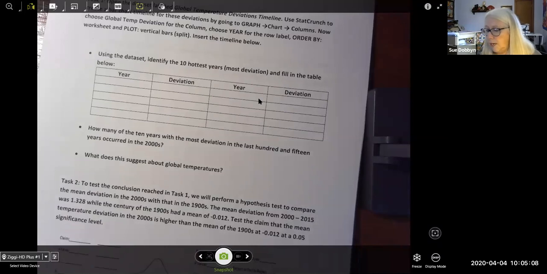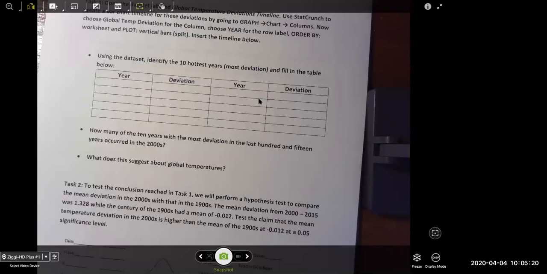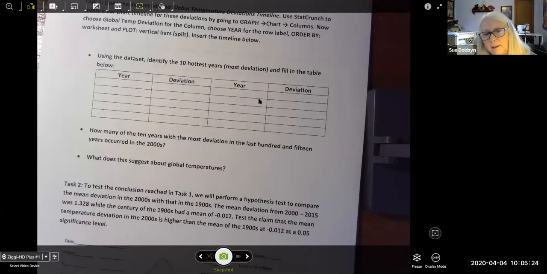What does that suggest about global temperatures? This isn't a trick question. They're getting hotter. 6 of the hottest 10 years have occurred at a greater rate. It's getting hotter faster. That's a reasonable thing to say.